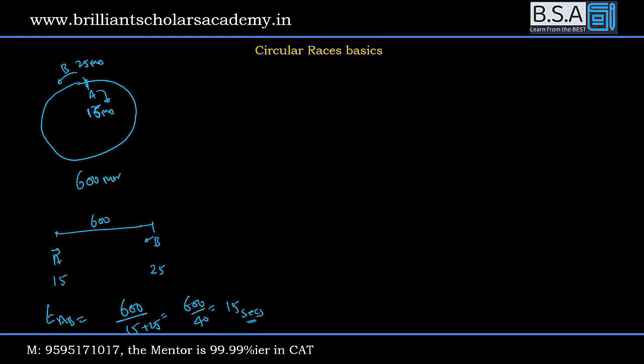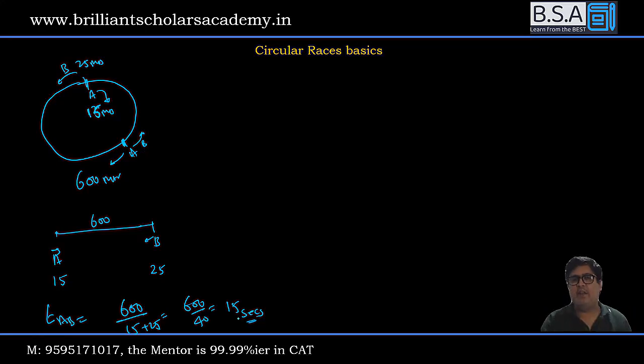I want you to observe. I want you to understand this part. Can I say as soon as A and B meet, kahin bhi mile, let us say they meet here. A is still continuing, B is still continuing on his journey. So that looks like a new start of the race.